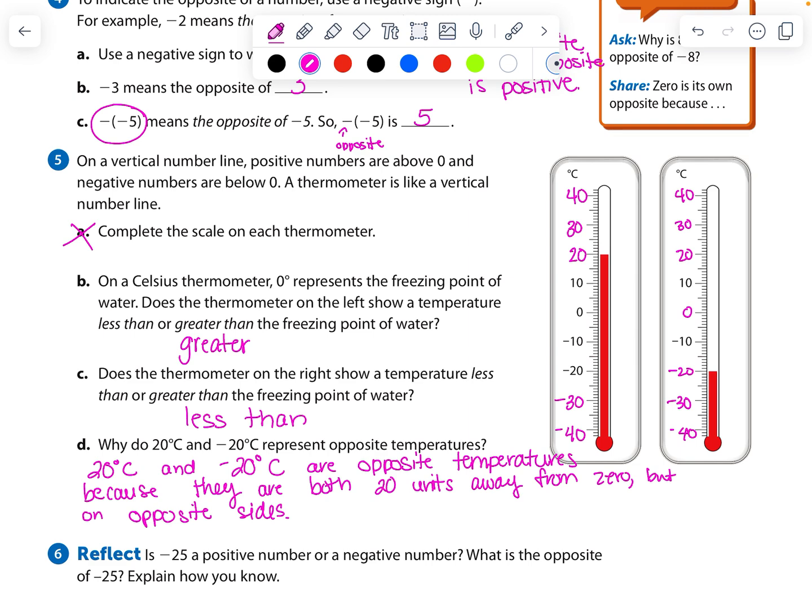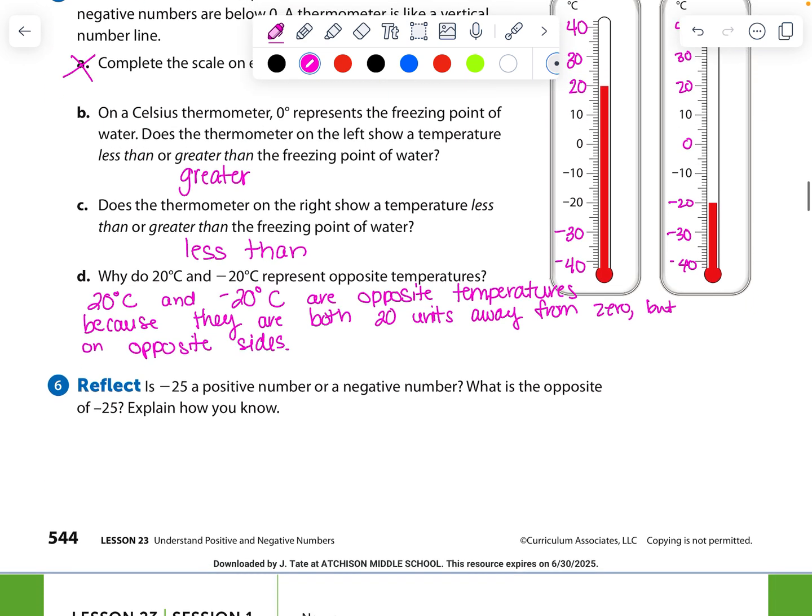Okay, so you might pause that and write that down. All right, when you're ready, number 6.